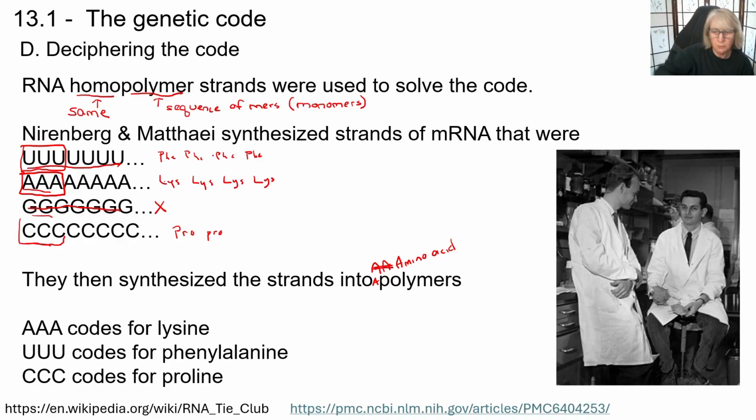I do have two things at the bottom here, if this is your thing. The legendary Thai club, where everyone was assigned an amino acid and then sent off to try to figure out what sequence of RNA coded for their amino acid.